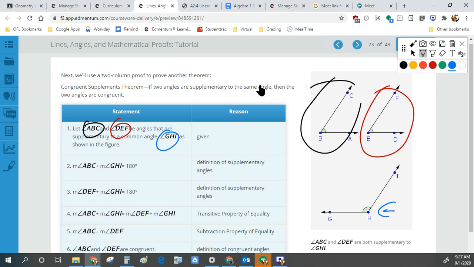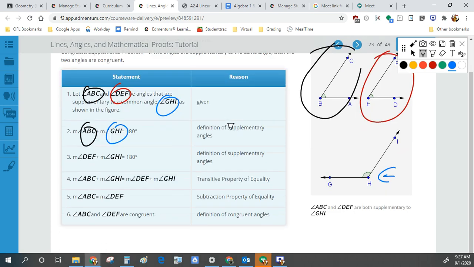So first of all, we're saying that this and this equal 180. That's fine. So then, let me use my colors, because it's faster than saying everything.